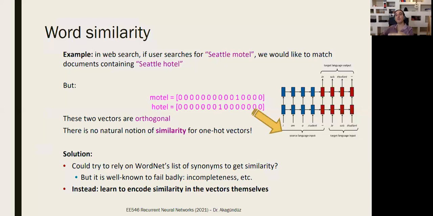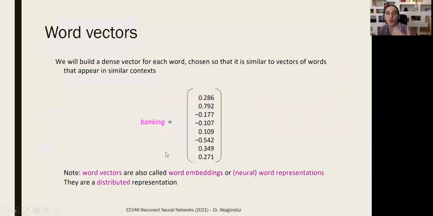But maybe if we could provide the similarities to the model beforehand using an algorithm, representing the words within the context similarity, maybe the RNNs would learn better. So this was the first part that was carried from statistical NLP literature to the neural NLP literature, which is called the word-to-vec algorithm.